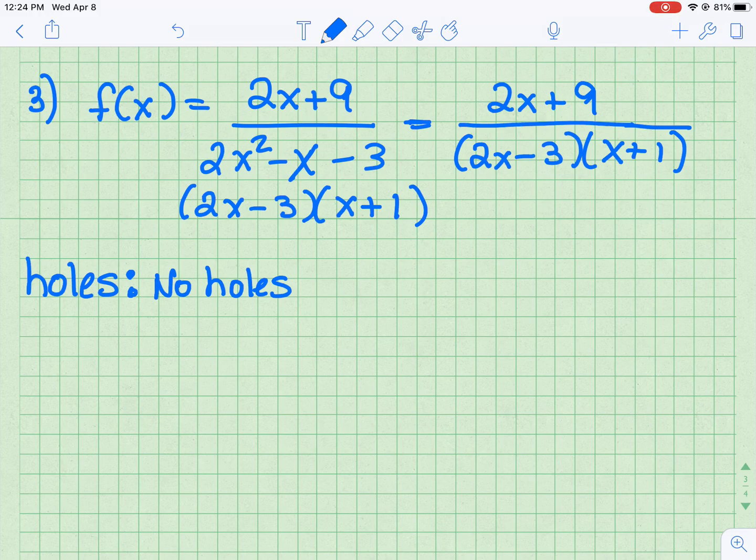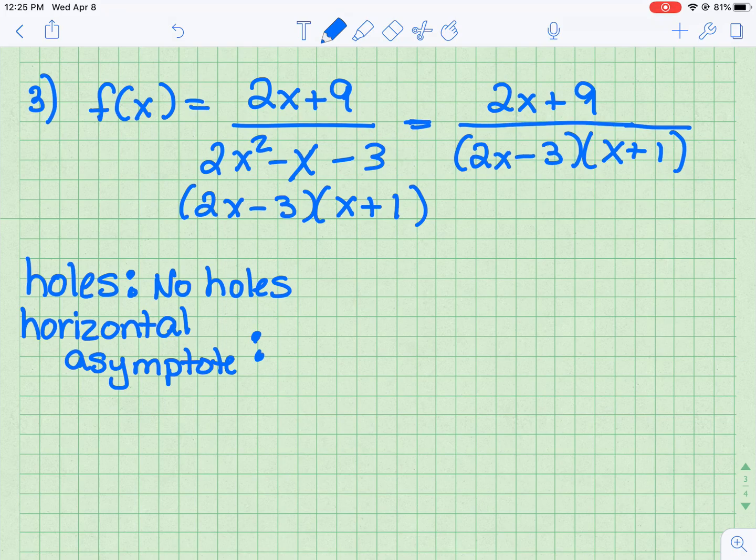If we didn't cancel anything out, then there's no holes. All right, then we do our horizontal asymptote. And that's the one we go back to our checklist. First I want to figure out what my degrees are.